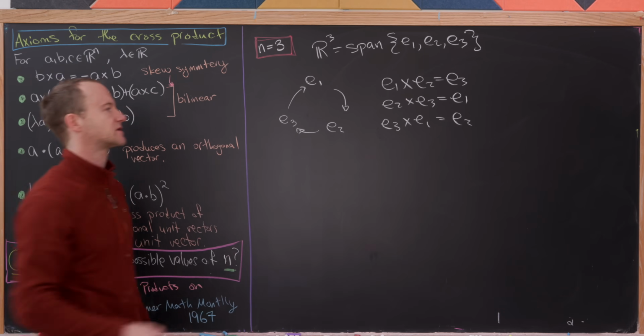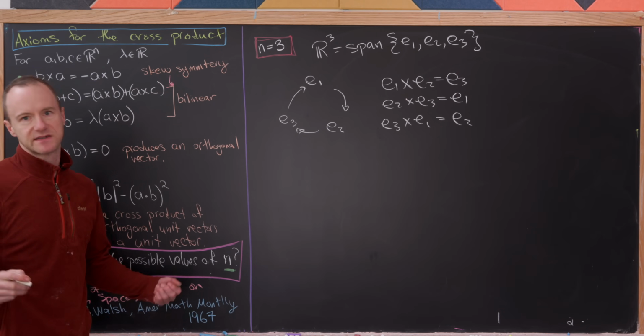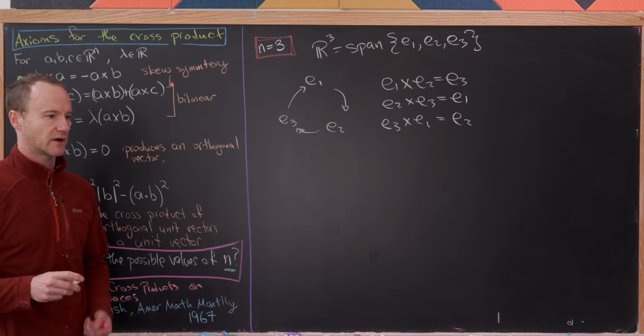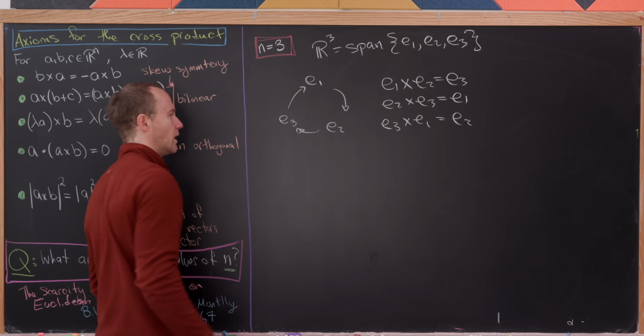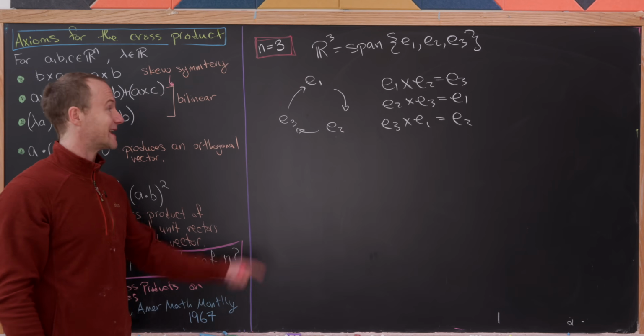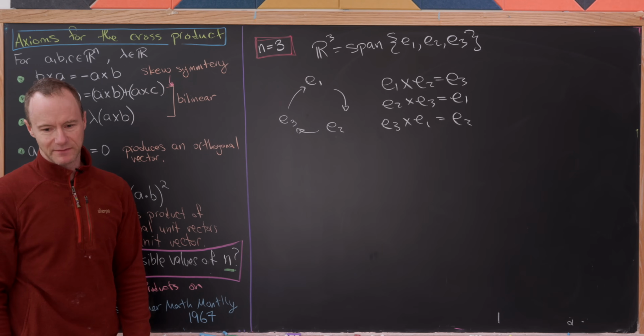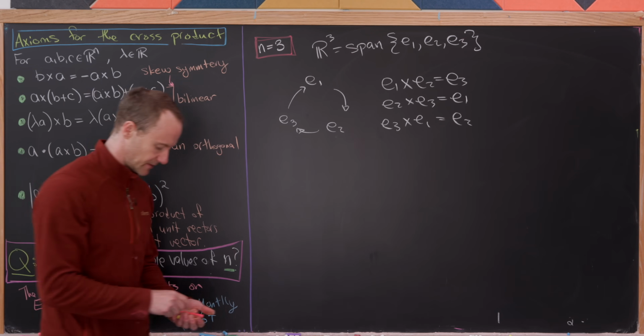So if you follow the circle, that's how you define your cross product, or that is the rule for the cross product. Notice E2, E3, E1. And then if you go against the arrows, you pick up a minus sign, but that's built into skew symmetry.